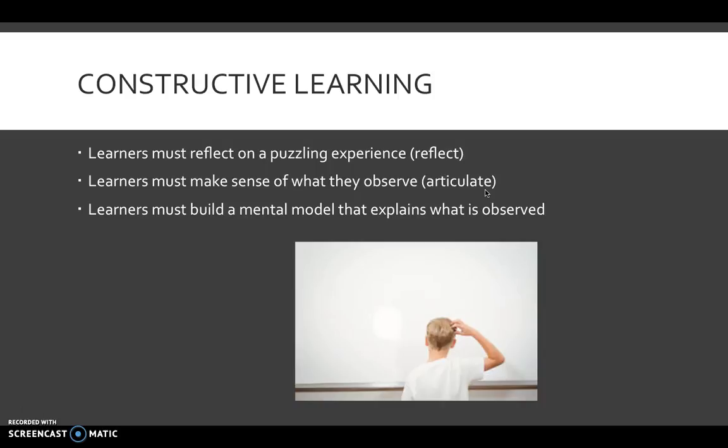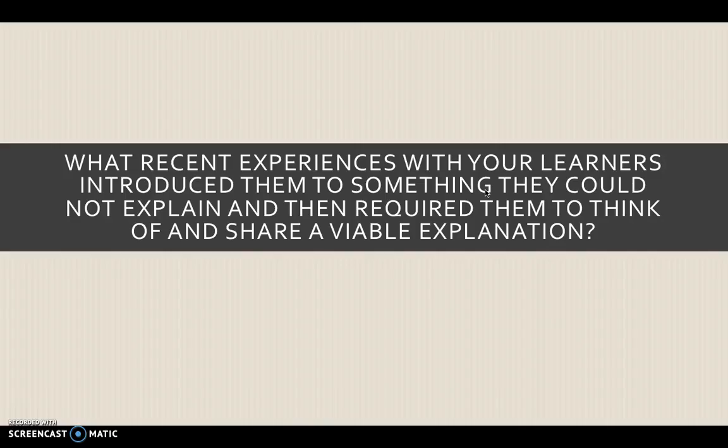As they try to explain things, they start to build a mental model or an idea in their head about how this whole system works together. And then they have constructive learning happening. So this is one way to think about it. What recent experiences with your learners introduced them to something they could not explain and then required them to think of and share a viable explanation? Because that is constructive learning in a nutshell.